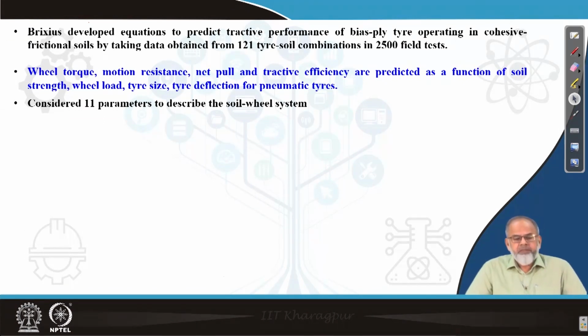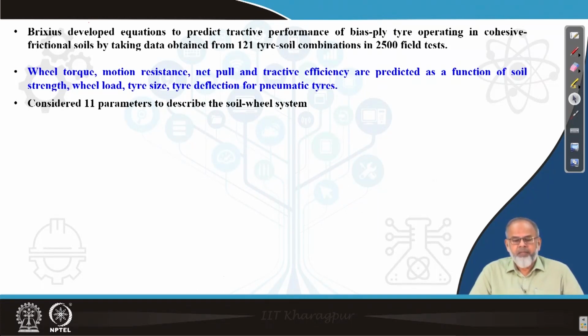We have already discussed Wismer and Luth's equation. That's why Brixius wanted to modify that equation. So, he took data obtained from 121 tire soil combinations. Look at the numbers: 121 tire soil combinations in 2,500 field tests. So, there is a huge amount of data.